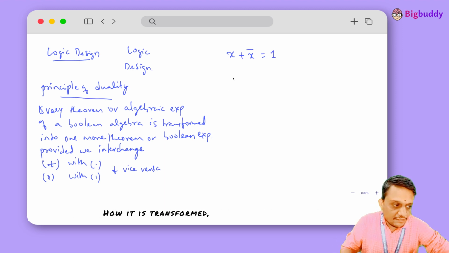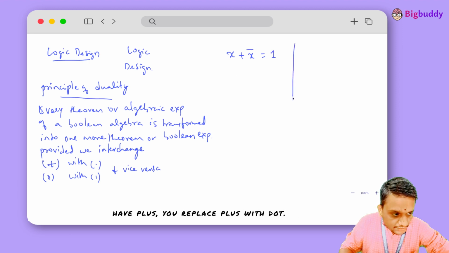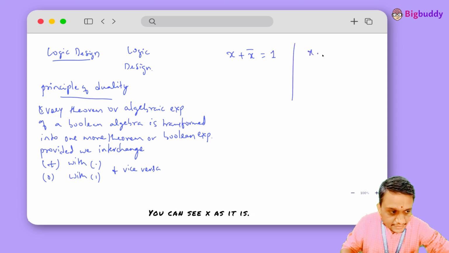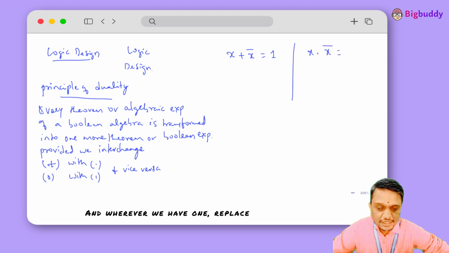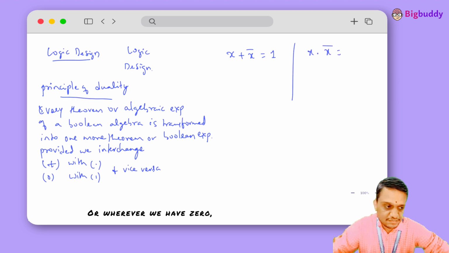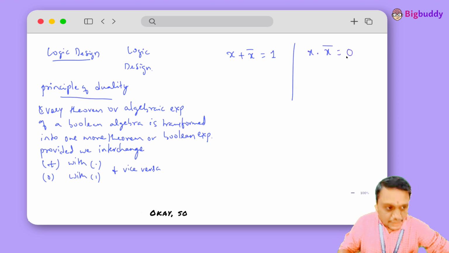How is it transformed? Wherever you have plus, you replace plus with dot. You can see x as it is, plus is replaced with dot. And wherever we have 1, replace it with 0, or wherever we have 0, replace it with 1. So this is 0.